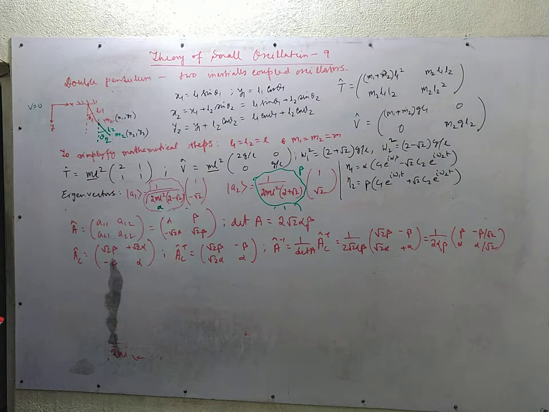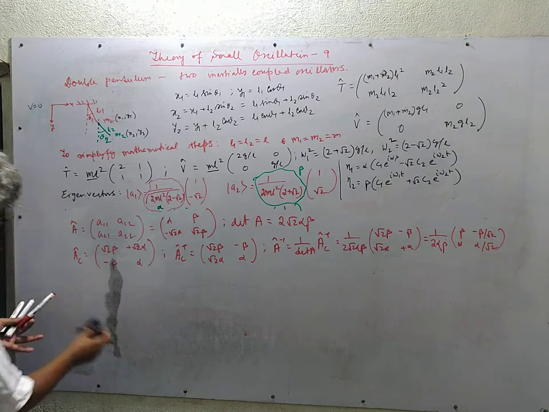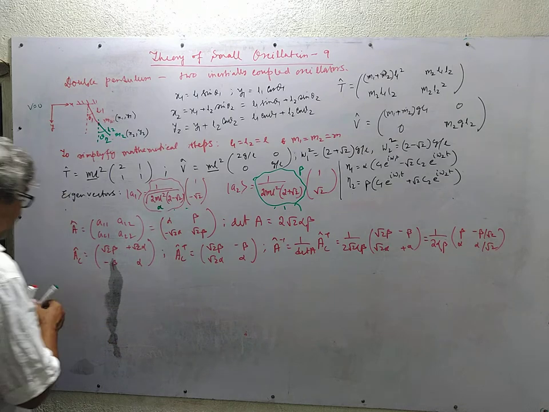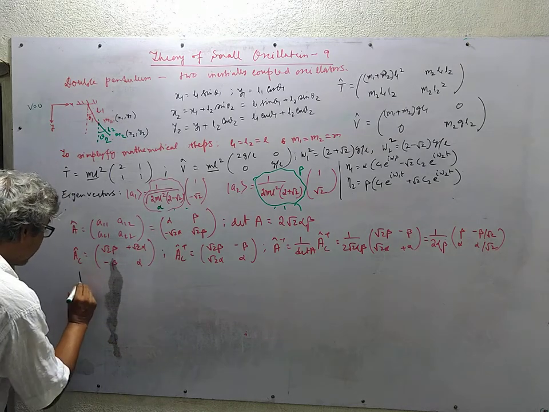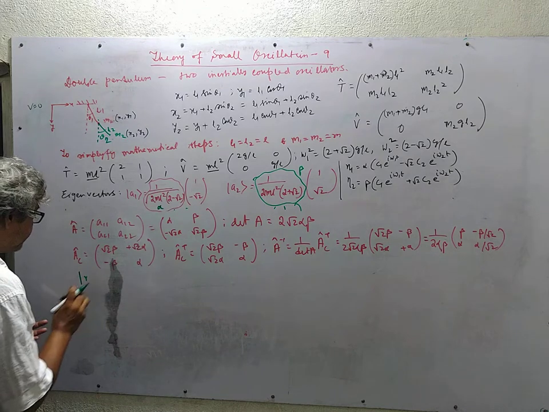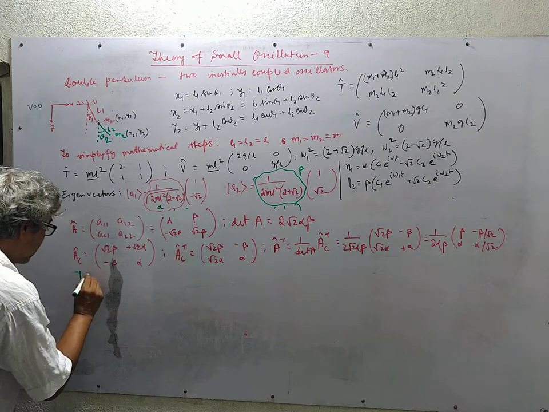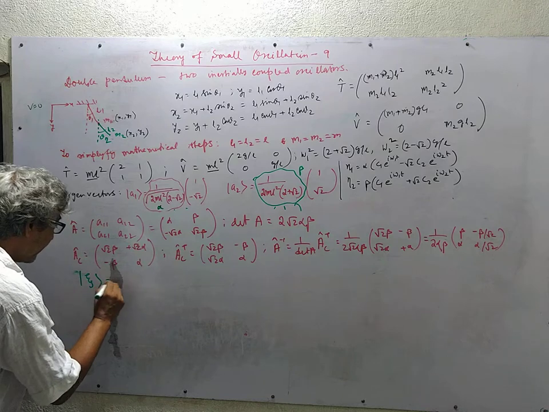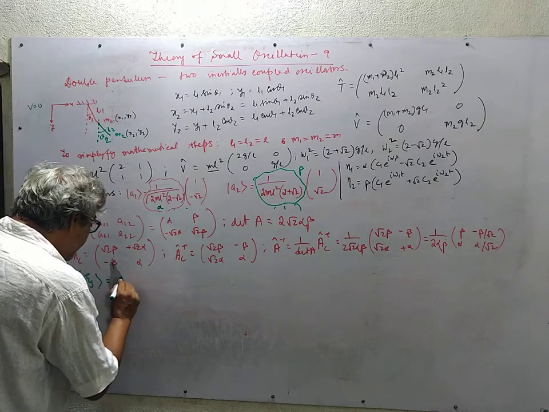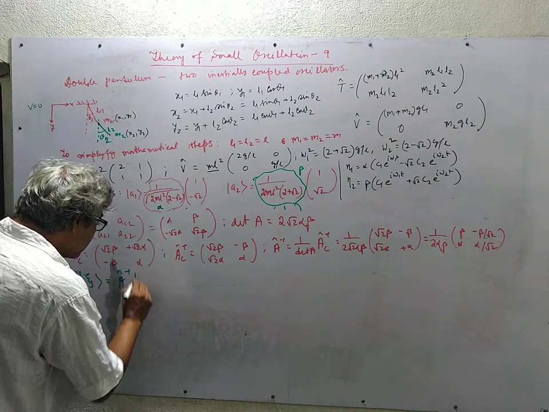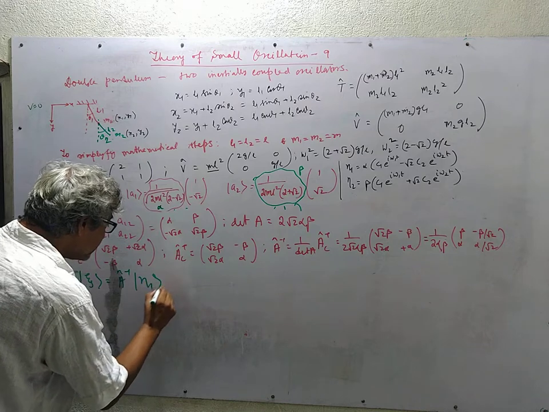So we know the normal coordinates. Normal coordinates are obtained from this matrix relation, that is, the xi ket is A inverse times the eta ket.